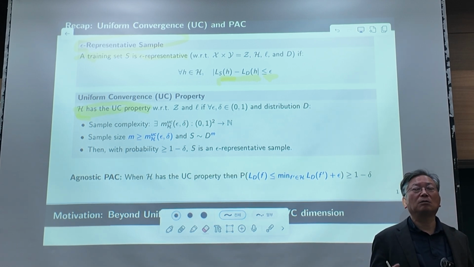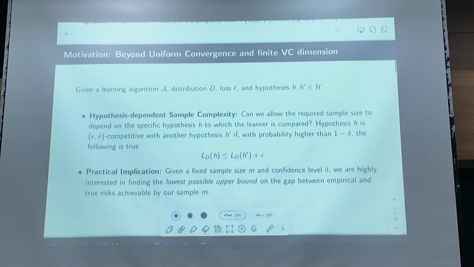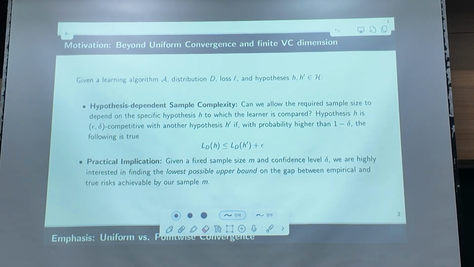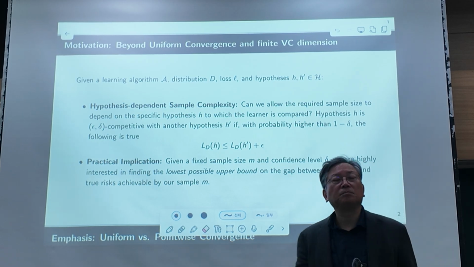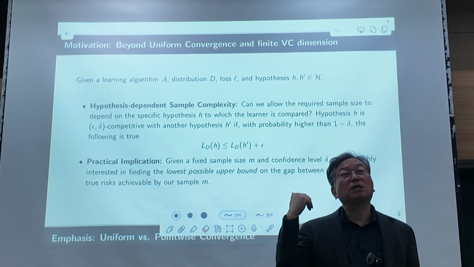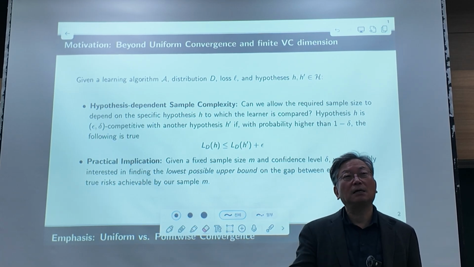So what I'm going to do is relax this and consider a sample complexity which is a function of the hypotheses. We saw the sample complexity is a function of epsilon and delta.